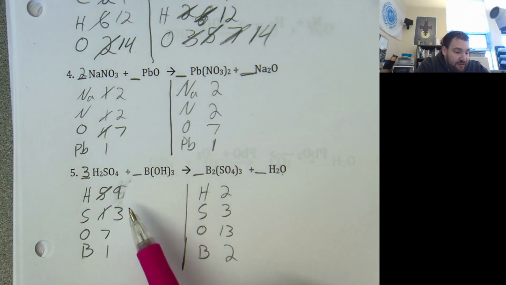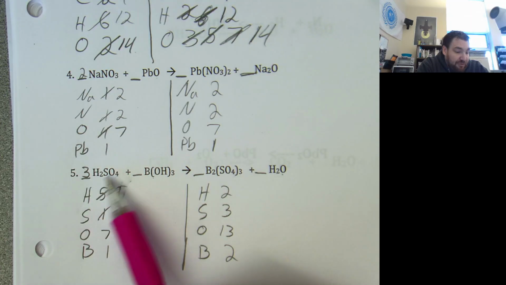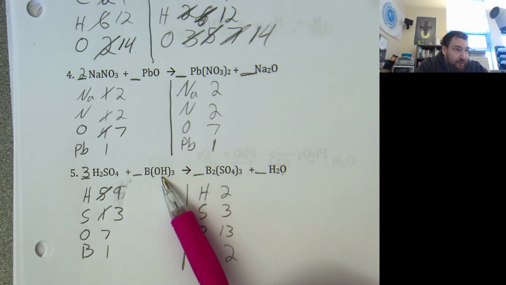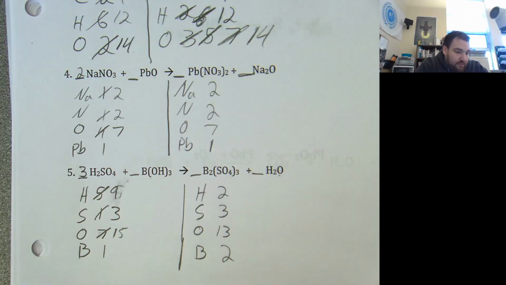Those are the H's. And now the O's: 3 times 4 is 12, but I've got 3 more over here. So 15 total. The B is not yet changed.